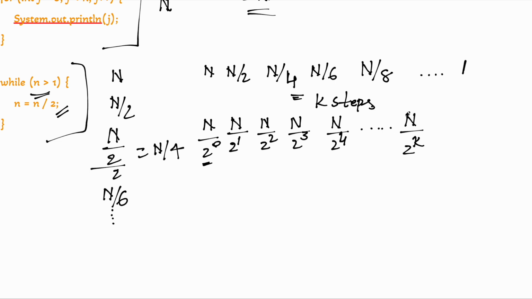So here n by 2 power k will become 1, right? Until then we will run this loop. So n by 2 power k is equal to 1, and n is equal to 2 power k.